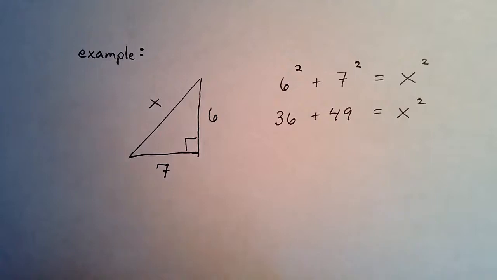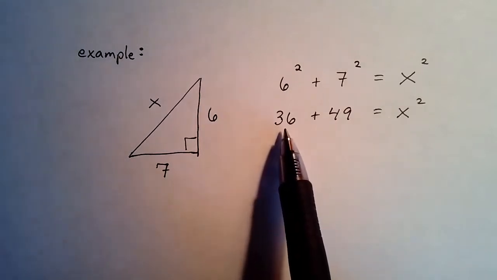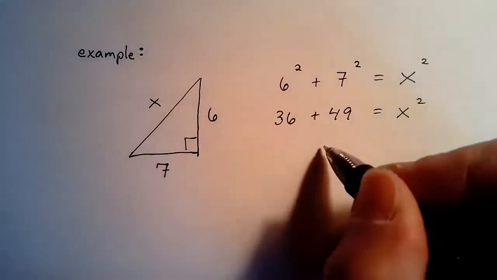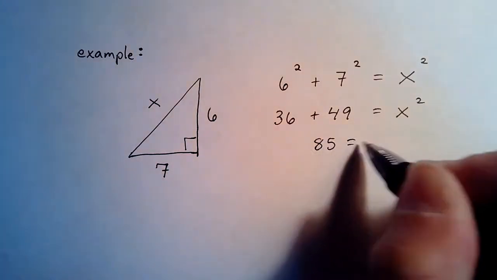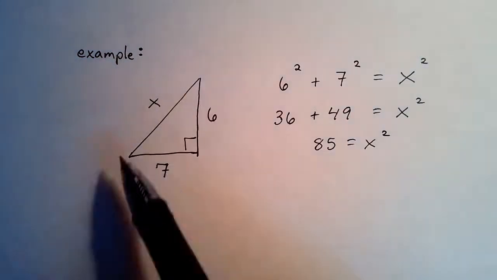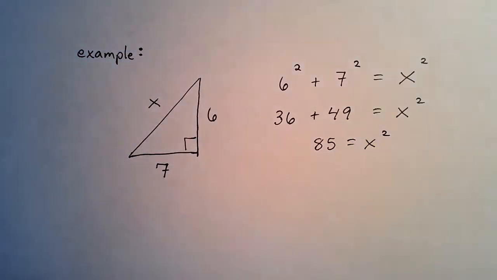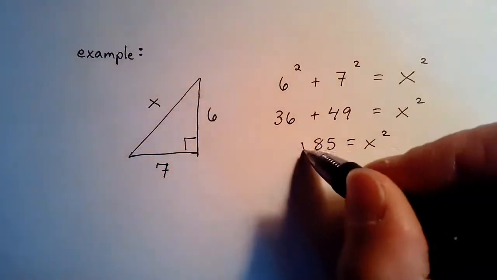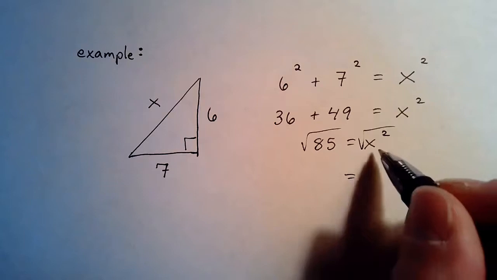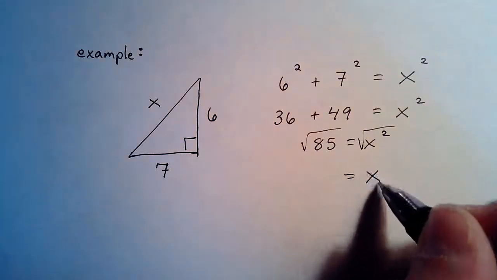So this is going to be 6 squared plus 7 squared equals x squared. All right, so as we continue to simplify this, 6 squared is 36, 7 squared is 49, and when we add those together, we get 85. So now we have 85 is equal to x squared. But we need to know just what one length of x, not x squared, is. So we're going to square root both sides, and that will undo the square on the x, so that is just x now.